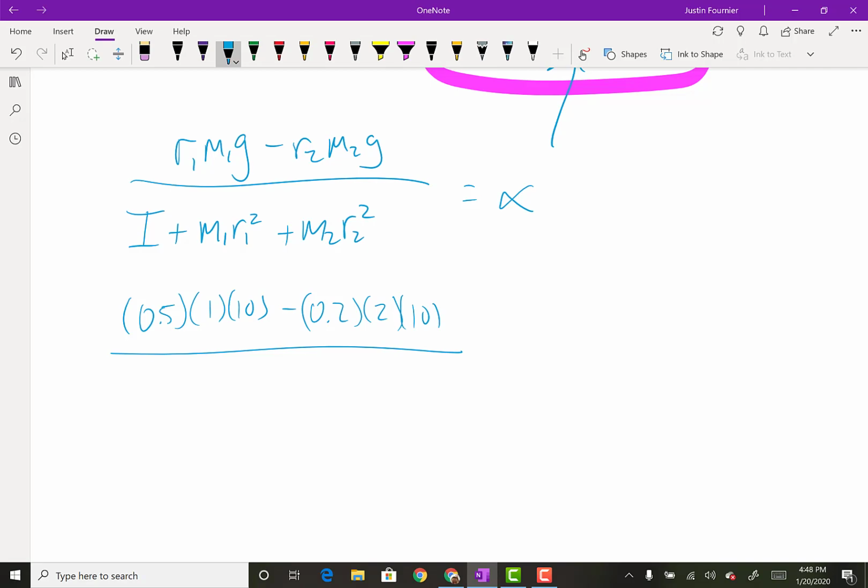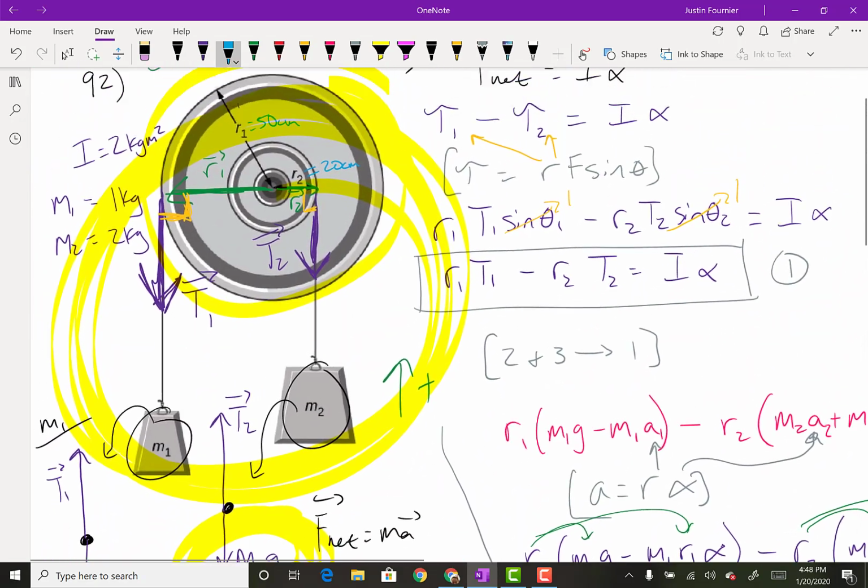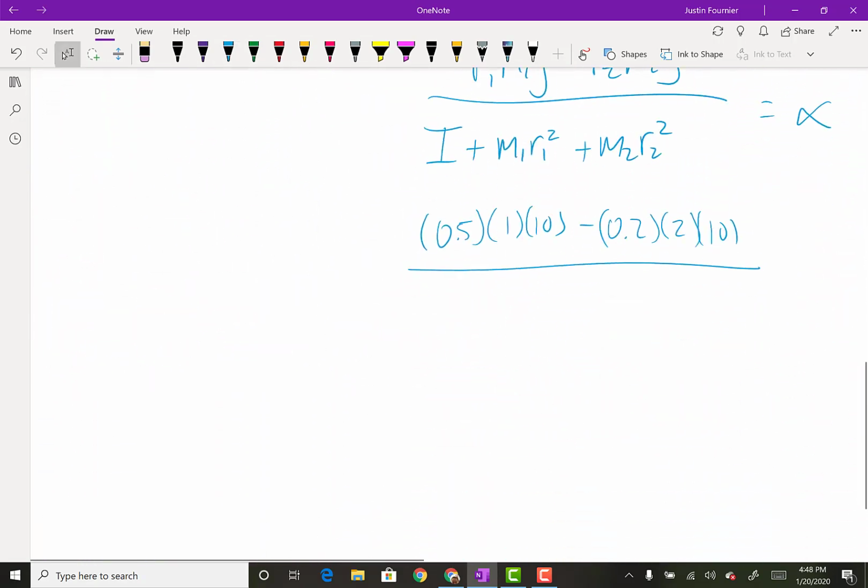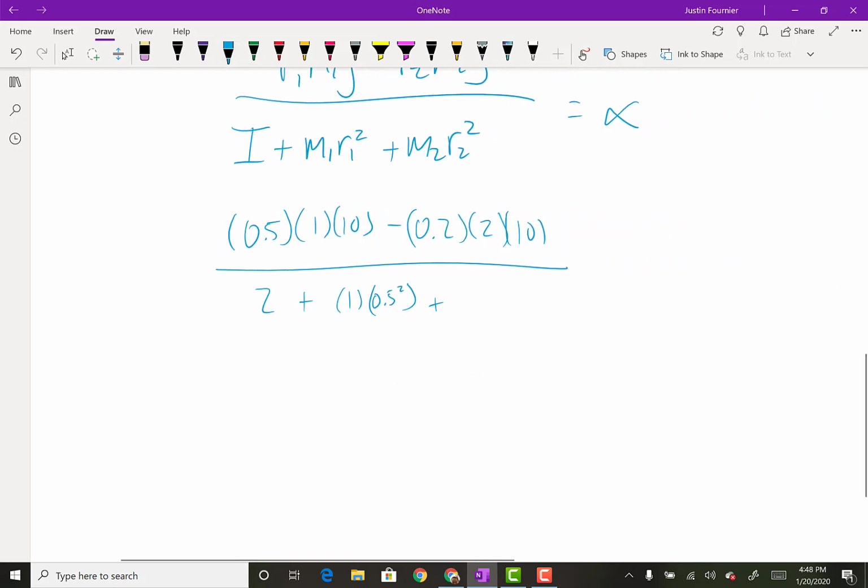That's divided by the moment of inertia of the pulley, 2 kilogram meters squared, plus m1, which is 1, times r1, which is 0.5, squared, plus m2, which is 2 kilograms, times r2, which is 0.2 meters, squared, equals alpha.